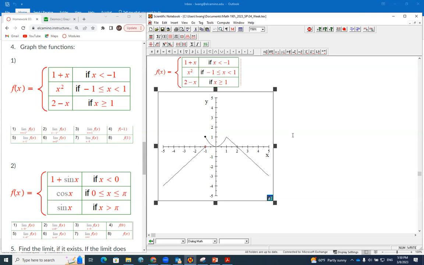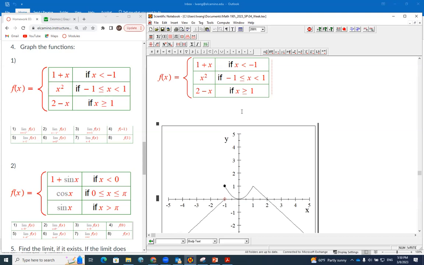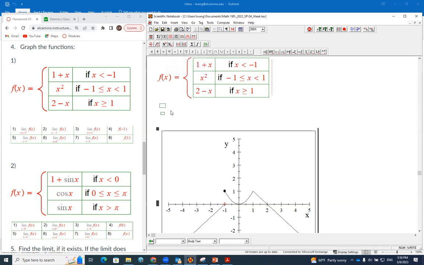So now let's look at how do we find these limits. I'm going to make the fonts a bit larger. First things first, you want to use notation properly. If your notation is wrong, you're getting no credit for what you've done.